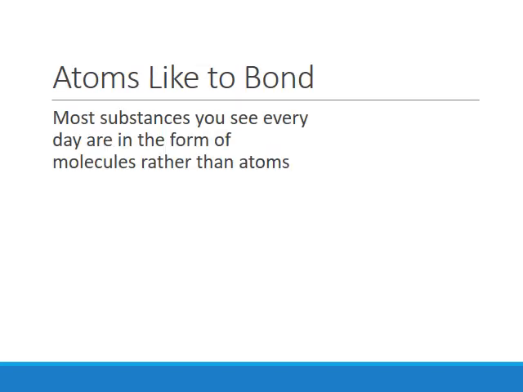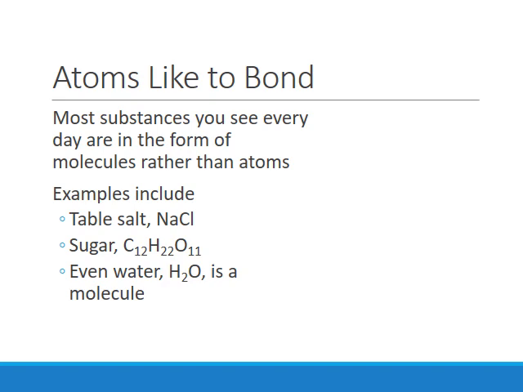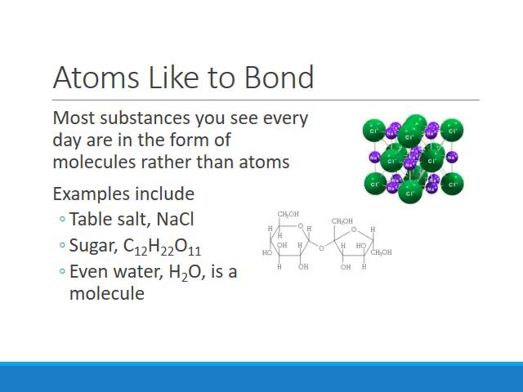Atoms like to bond. Most substances that you see are in the form of molecules rather than single atom elements. Examples of everyday items: table salt, sugar, and even water, the most abundant substance on the planet, is a molecule.